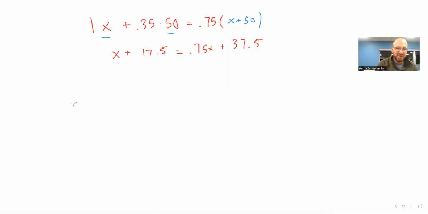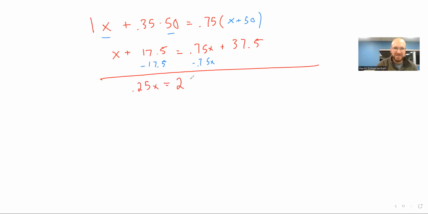To solve, I'm going to move the 0.75x left and the 17.5 right. Yes, I'm doing it from both sides. I just don't want to write it on both sides because I'm feeling lazy. 0.25x, so x minus 0.75x is 0.25x. 37.5 minus 17.5 is 20.